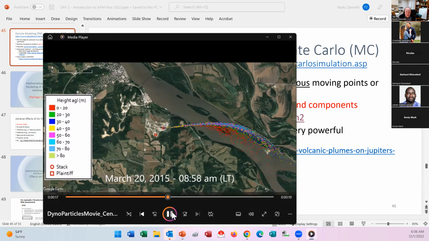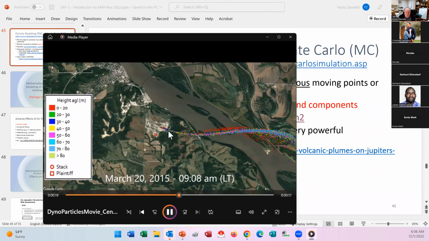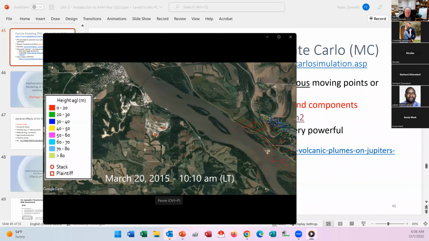Very confident. How confident am I that the plume is exactly going along this trajectory and not deviating by 5 or 10 degrees? No, I'm not confident about that. But I feel that the probability of plume impact at this location is very, very low, if not zero.